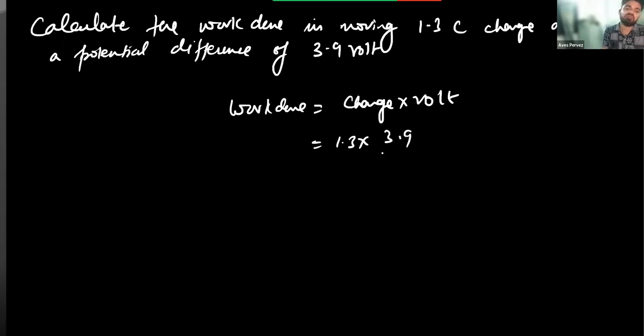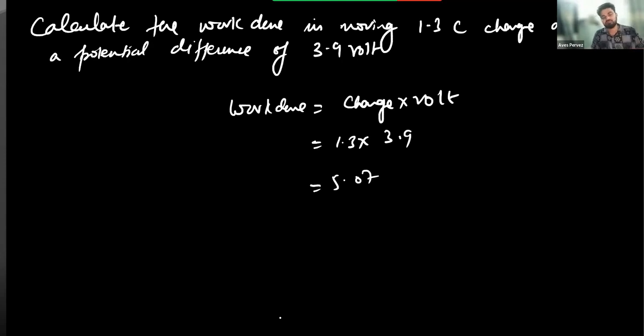What answer comes? It will be in joules. 1.3 into 3.9 is 5.07 joules. Okay.